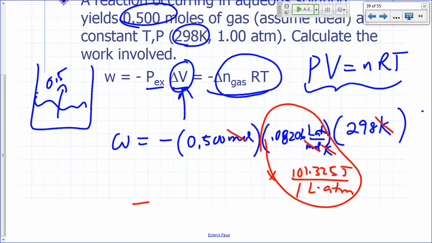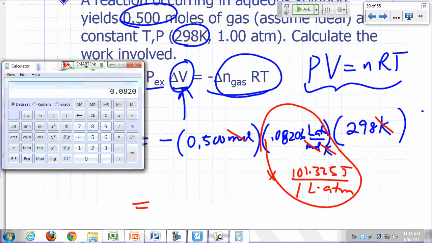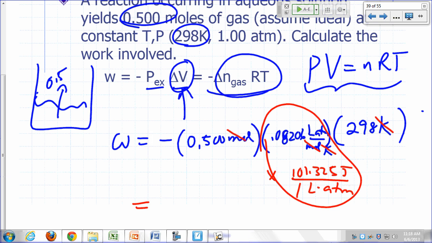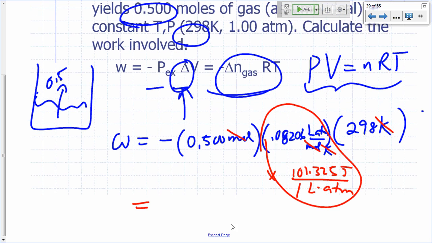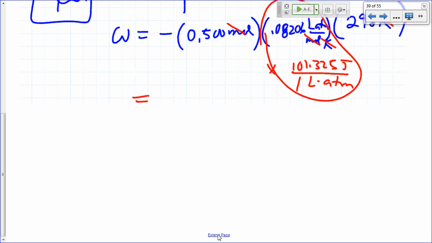Look at this. 0.08206 times 101.325, that's 8.314. So a more convenient number to use for R would be to use 8.314.